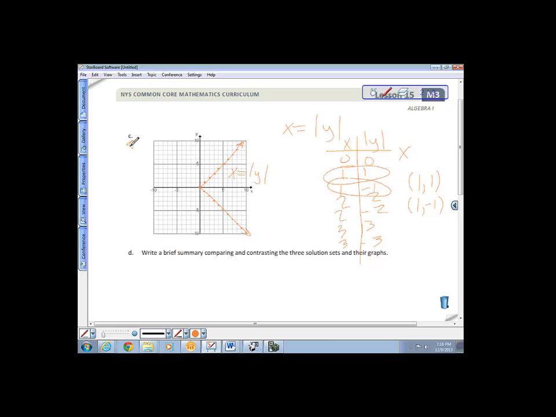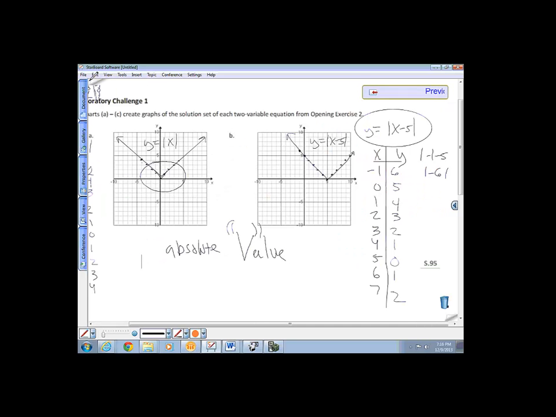The other 2 were functions. The one was just a regular V like that, and the other one was shifted to the right. Those are still functions, but this last one, letter C, is not a function, okay? You might say the vertex of this graph here shifted to the right 5 units, which was the main difference. Okay, moving right along here.